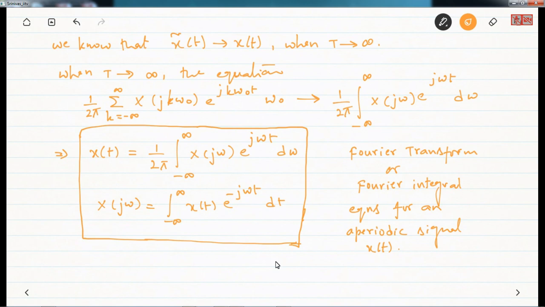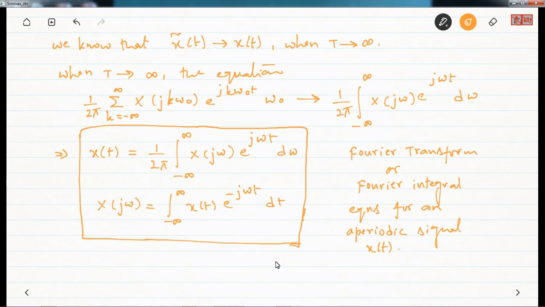See, we can also do one thing, that we can only state these two equations and say that this is the Fourier transform of an aperiodic signal. But historically and even mathematically, the Fourier transforms have been derived from Fourier series. So you should know how they are derived. They are derived by considering an aperiodic signal as a periodic signal with period going to infinity.